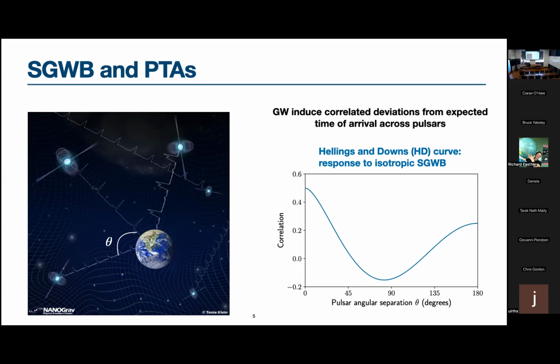So this correlation is nearly quadrupolar, which reflects the quadrupolar nature of gravitational waves in general relativity. So it's maximum when the lines of sight of the pulsars are aligned. It goes down below zero, with the minimum value close to 90-degree separation, and then it comes back up at 180-degree separations.